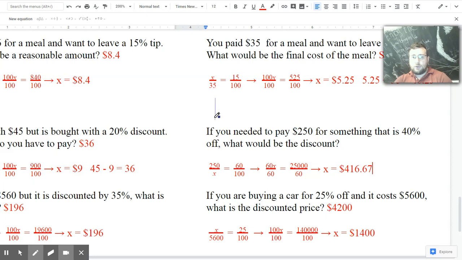You have a situation where you don't know the original price. You just know that you paid $250. That is the new value that you paid, right? So the new value is $250, and you have no idea what the original value was, the value that's matched to 100%.